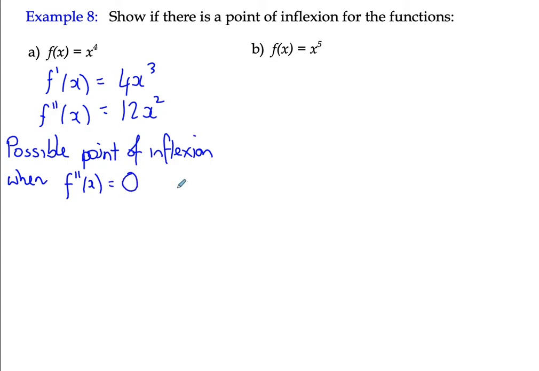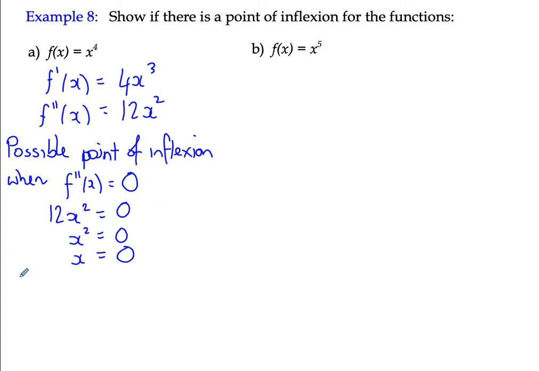So again, it's our statement of fact. We're looking to investigate this point here. We've worked out that 12x squared is therefore equal to 0, and we divide both sides by 12 and take the square root. In this case, that happens when x equals 0. So it's a possible point of inflection because it could actually be, in this case, a turning point.